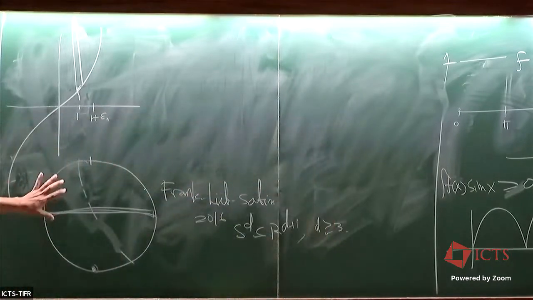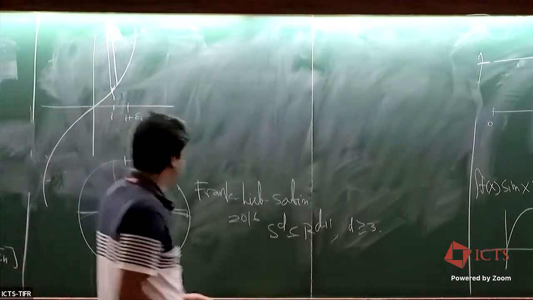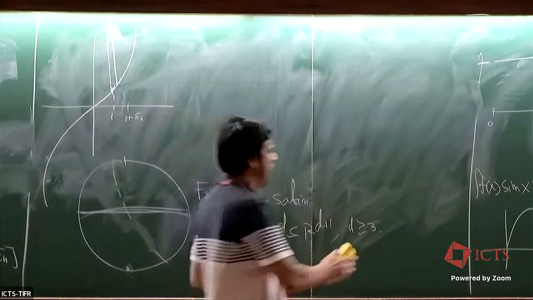They proved that the only obstruction to compactness is a couple of delta functions at the north pole and the south pole. Okay, so the question is, what happens for a general figure like this?